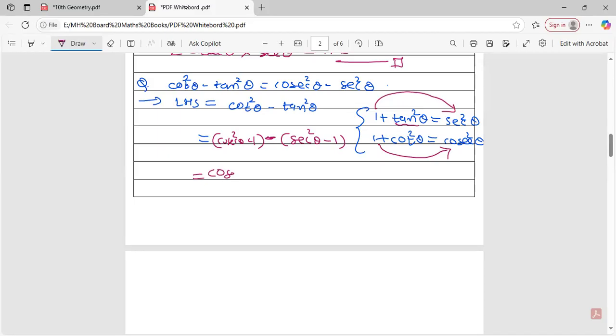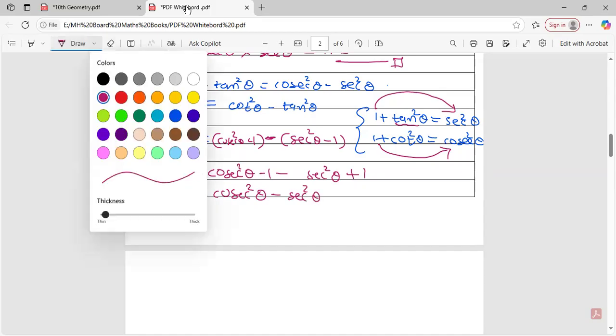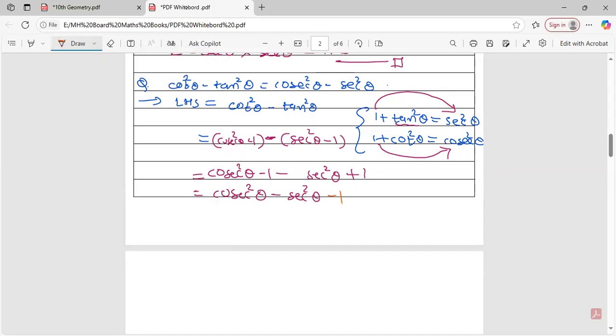So it is cosec square theta minus 1, this minus gets multiplied to sec square theta, giving minus sec square theta, and to the minus 1, giving plus 1. Now it is cosec square theta minus sec square theta, and lastly minus 1 plus 1. So minus 1 plus 1 cancels, and we get cosec square theta minus sec square theta.